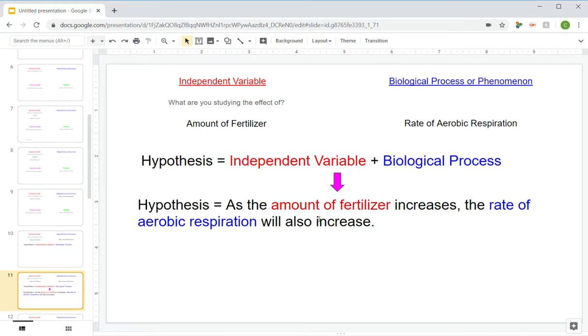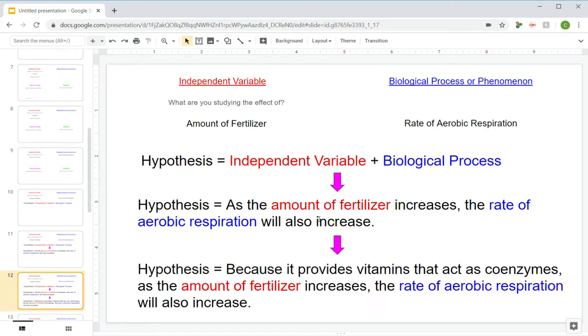We want to get a little bit of context or logic as to why we think increasing the amount of fertilizer is going to help. So we're going to go ahead and add a statement. It says, because it provides vitamins that act as coenzymes, as the amount of fertilizer increases, the rate of aerobic respiration will also increase. You guys probably know that all biological cycles are run by enzymes, right?